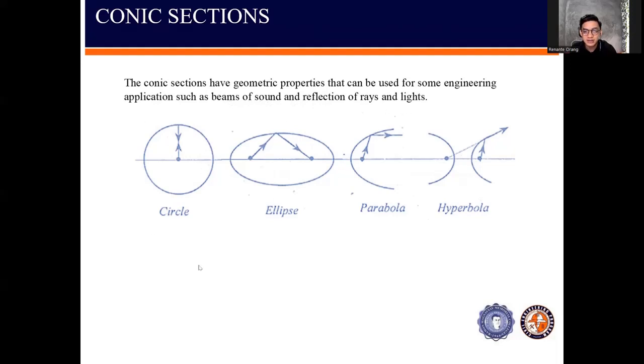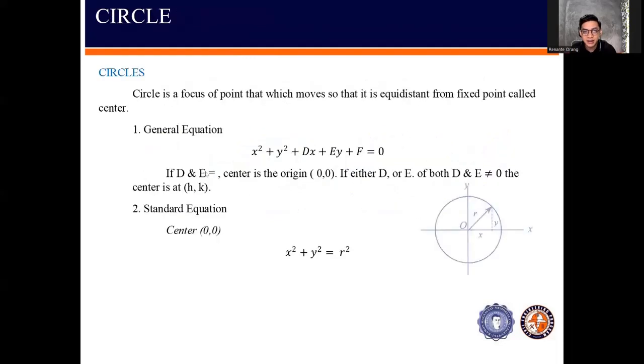So here we have a sample diagram for our circle, ellipse, parabola, and hyperbola. As I have said earlier, we will be focusing in this video on circles. A circle is the locus of a point which moves so that it is equidistant from a fixed point called the center.